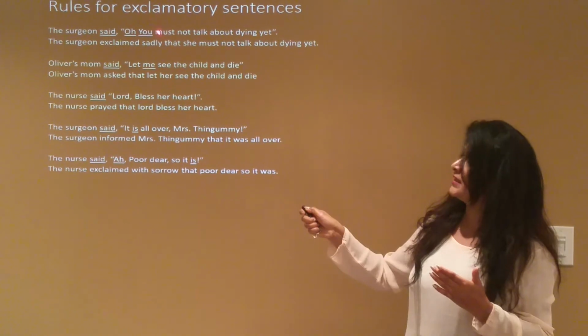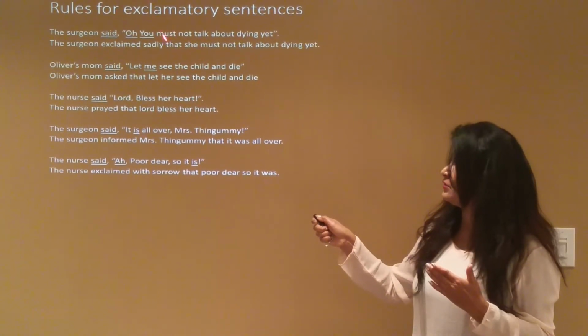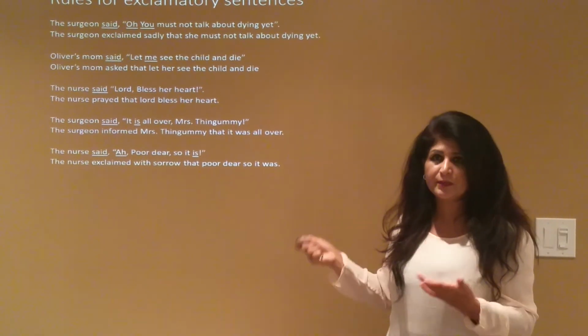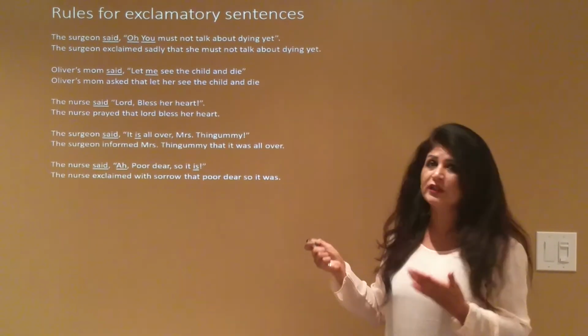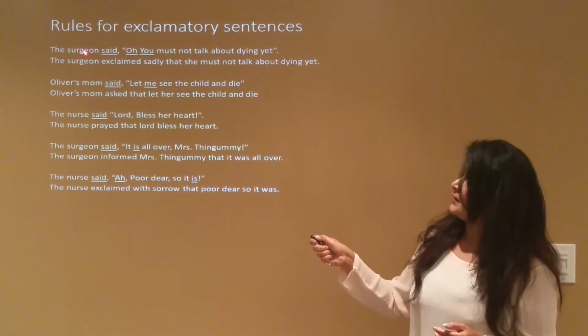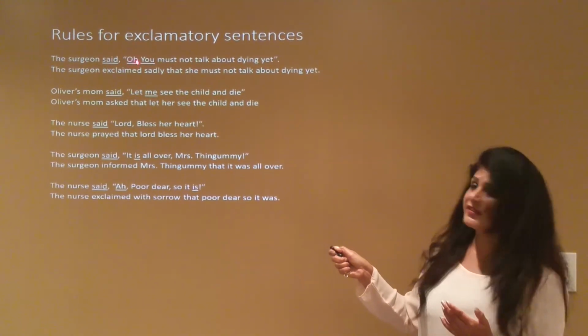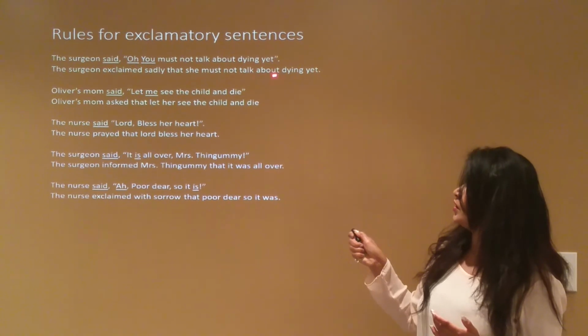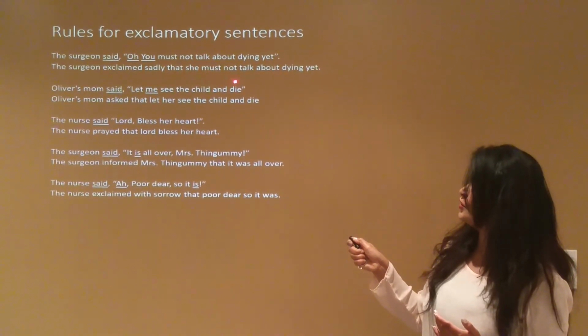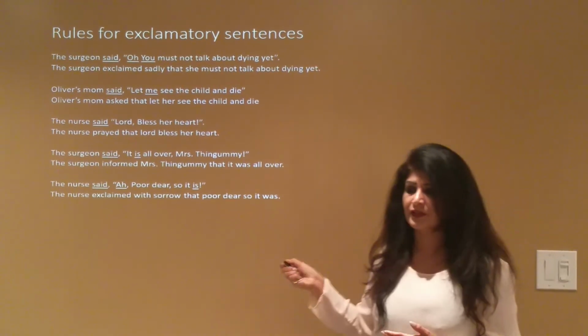Underline these words, then you underline the pronouns that need to be changed. Once you are done with that, it becomes easier for you to convert the sentences into reported speech. Let's see this example. The surgeon said, oh, you must not talk about dying yet. The surgeon exclaimed sadly that she must not talk about dying yet.